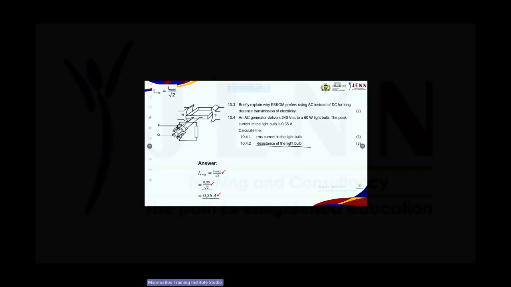So for the resistance of the light bulb, you have to go and look at your different equations. You have R equals V RMS over I RMS. And then you also have P equals I RMS times V RMS.